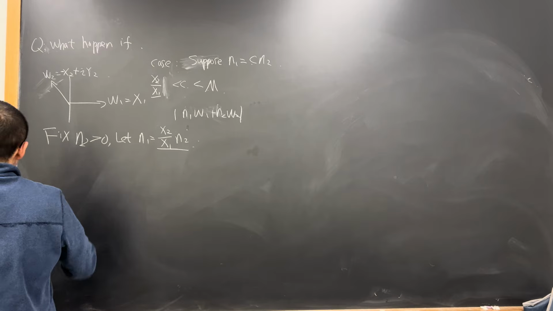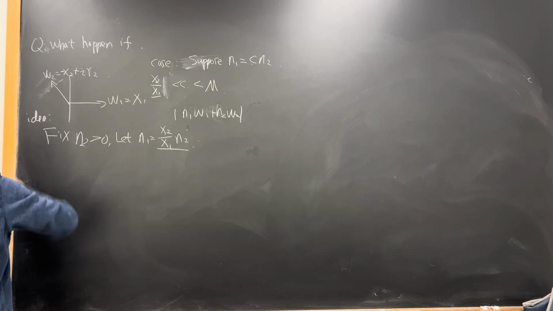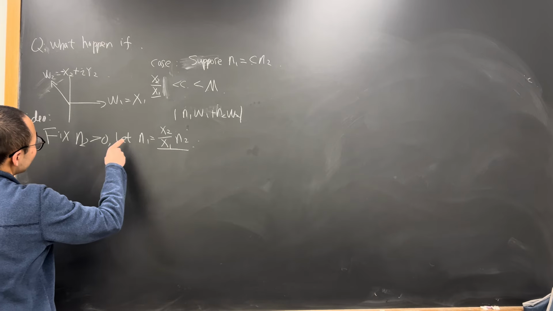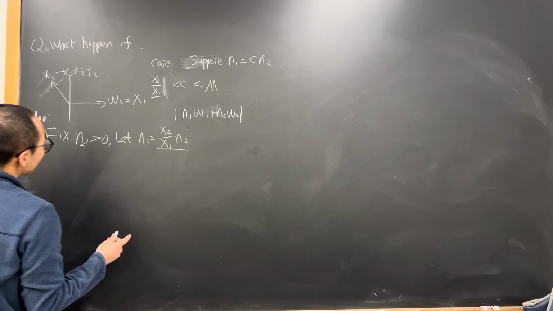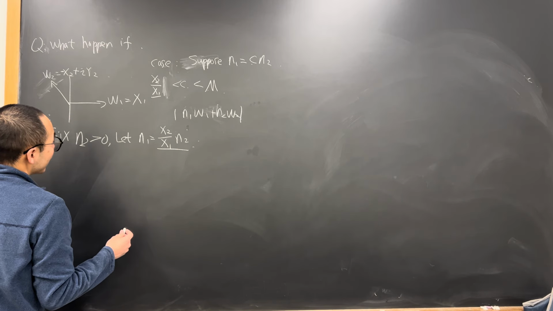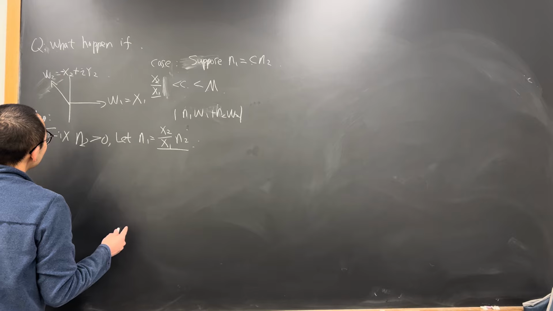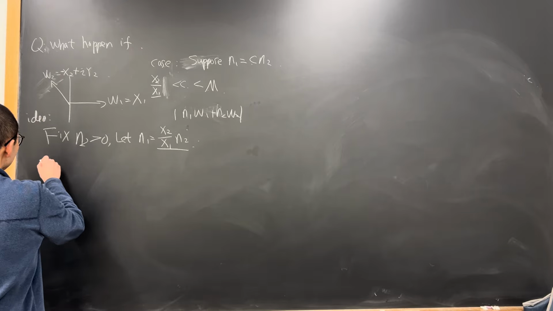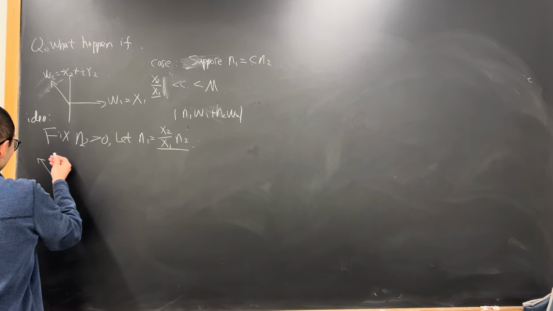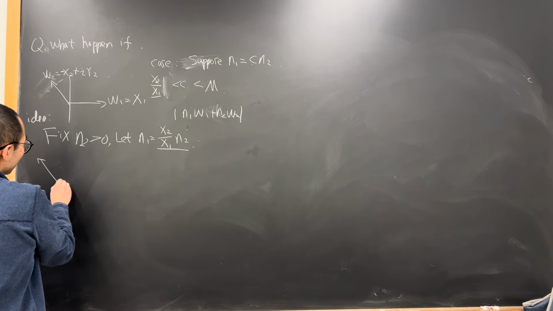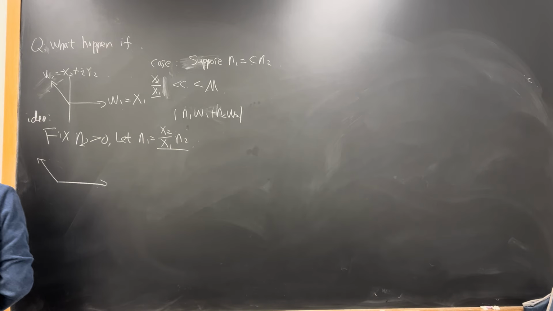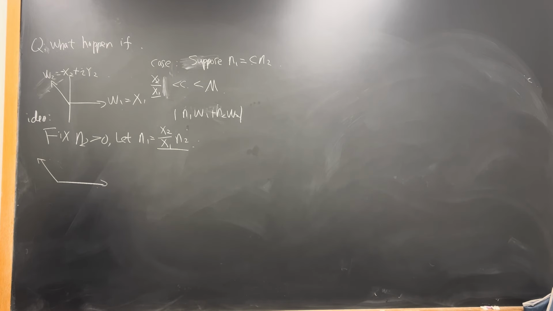Intuitively speaking, let's see the idea here. If you have N1 equal to x2 over x1 times N2, imagine you're getting longer and longer along the x-axis.